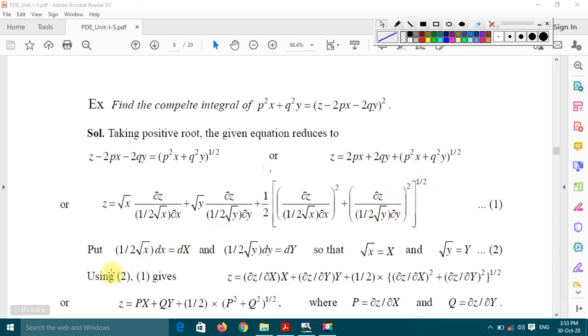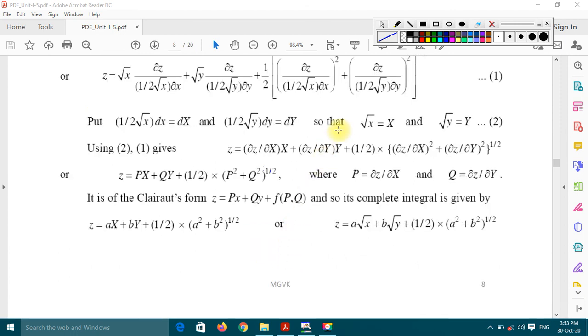So we substitute 1 by 2 root x dx is equal to d capital X and 1 by 2 root y dy is equal to d capital Y. And after integration we get root x is equal to capital X and root y is equal to capital Y.